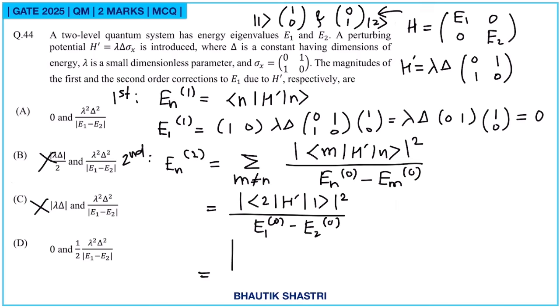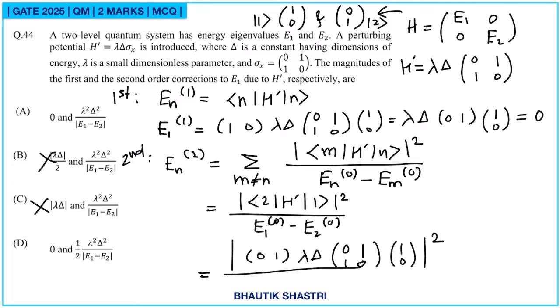That will be equal to mod of, first is 2, that will be bra-2, that is 0, 1, then lambda delta, then 0, 1, 1, 0 and then 1, 0, mod square upon E1 minus E2.